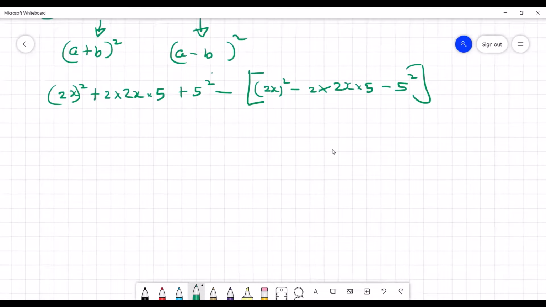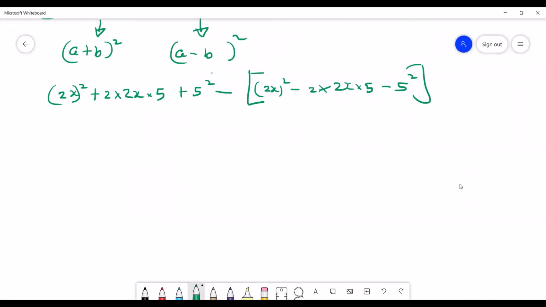This time take care to keep the second expression in a bracket, because we are having a minus here. If it is plus, then there is no need to take that much care.